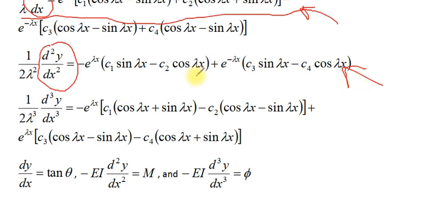Deriving it for the third time, we get minus 1 over 2 lambda cubed d cubed y over dx cubed, the third-order differential equation, which gives the shear Q.